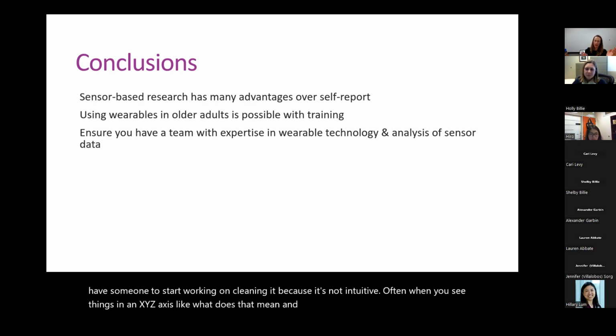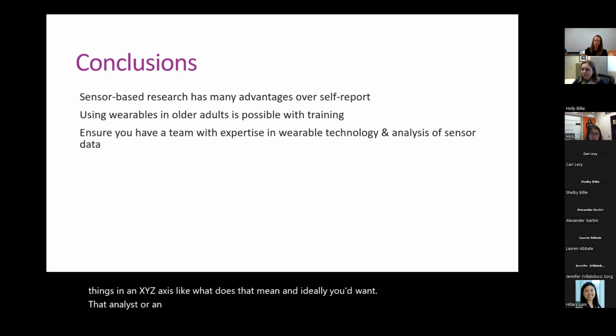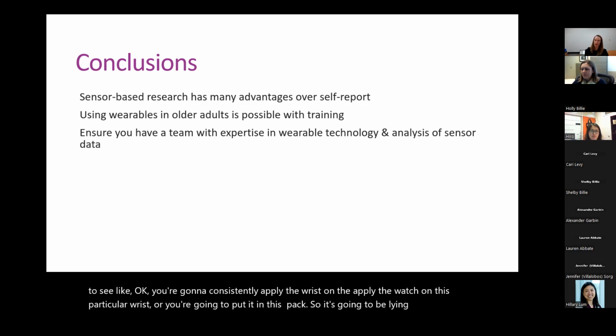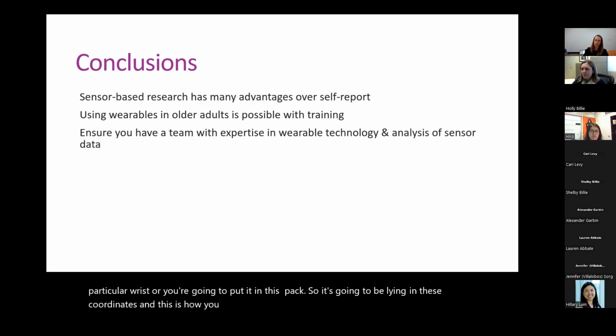Ideally you want that analyst or an engineer with you as you're designing the study, because they need to see that you're going to consistently apply the watch on this particular wrist, or put it in this fanny pack so it's lying in these coordinates, and how you have to direct the patient to walk and to return.